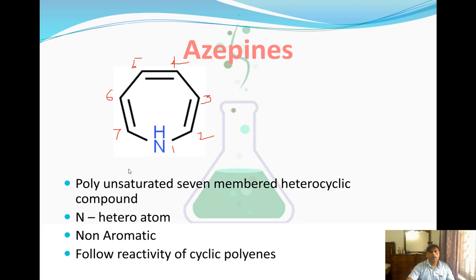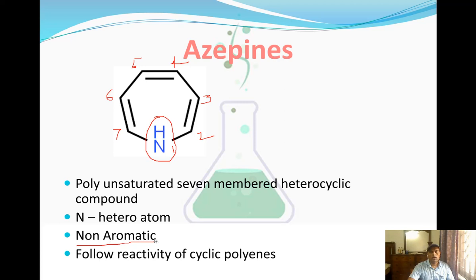Right, this is 1H-azepine. It's a polyunsaturated 7-membered heterocyclic ring with one heteroatom, that is nitrogen. Right, it is non-aromatic. It will not have the required electrons that satisfy the Huckel rule. That's why it is not an aromatic compound.